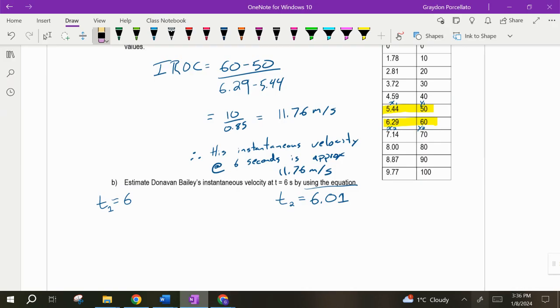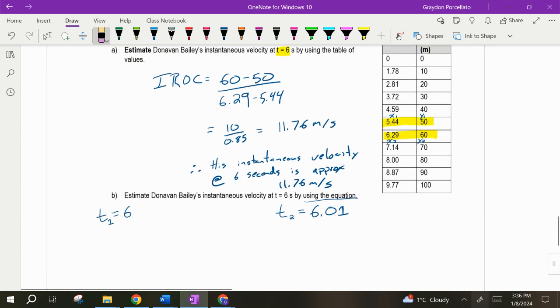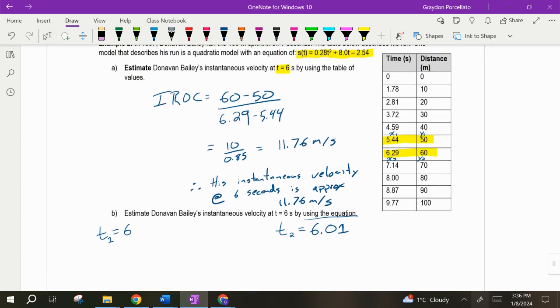Okay, so we'll sub these values into my equation. I'm just going to write out the equation here. So we're going to say, okay, what is S of 6? We're going to sub 6 into my equation. Well, 0.28 bracket 6 squared plus 8 bracket 6 minus 2.54.